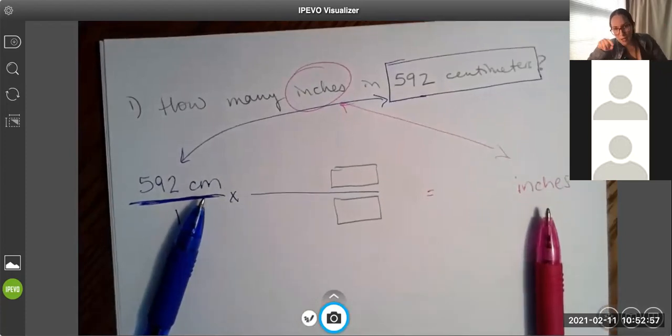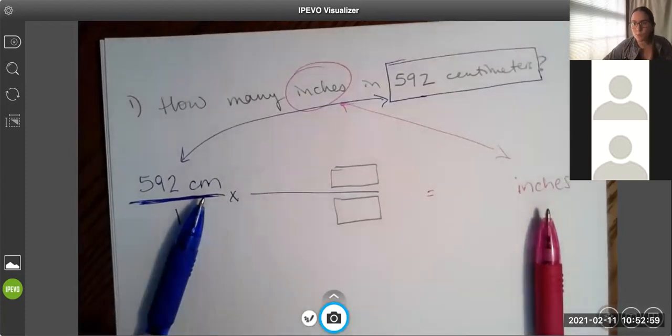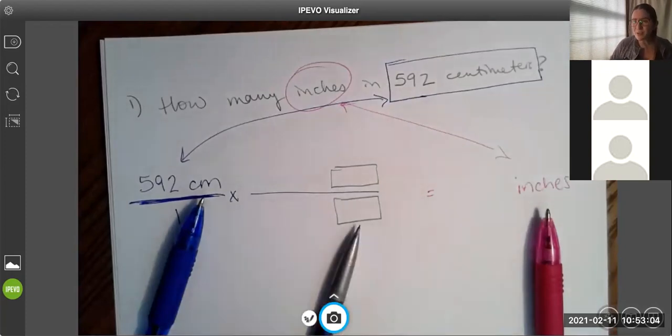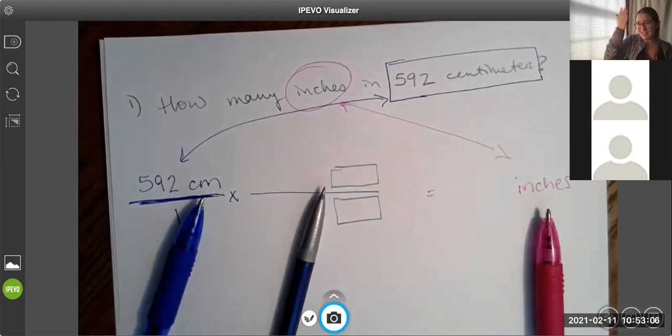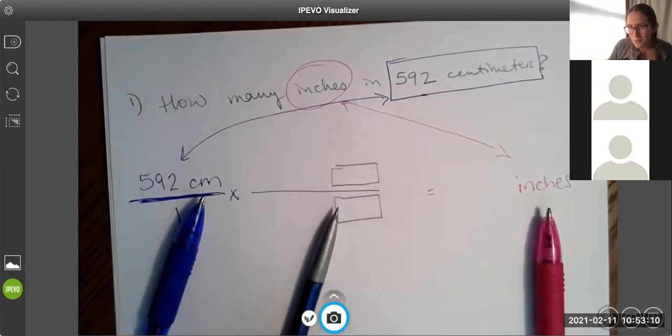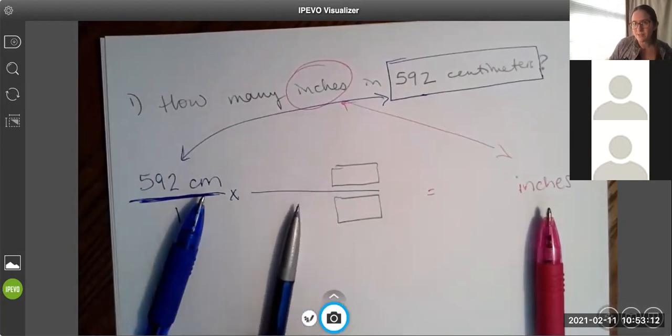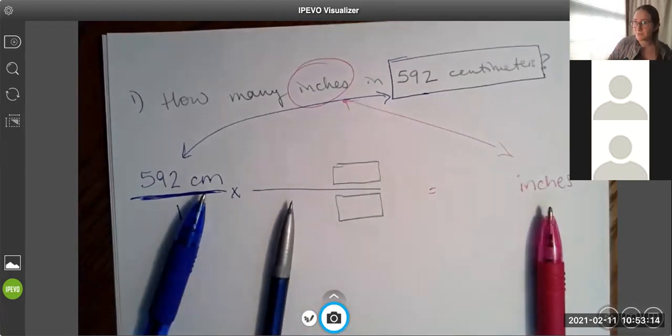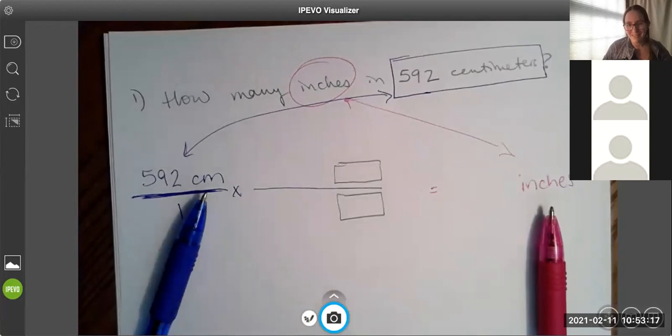We're thinking fraction stuff here. It's in the top. We want to get rid of it. In our next step here, if we want to get rid of it from the top, are we going to write it on the top or the bottom over here to cancel it out? The bottom. Think it through.